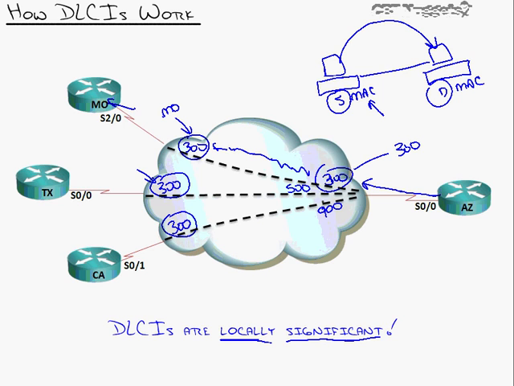So the DLCIs are locally significant in that 300 in Arizona means something very different than 300 in Missouri, Texas, and California.